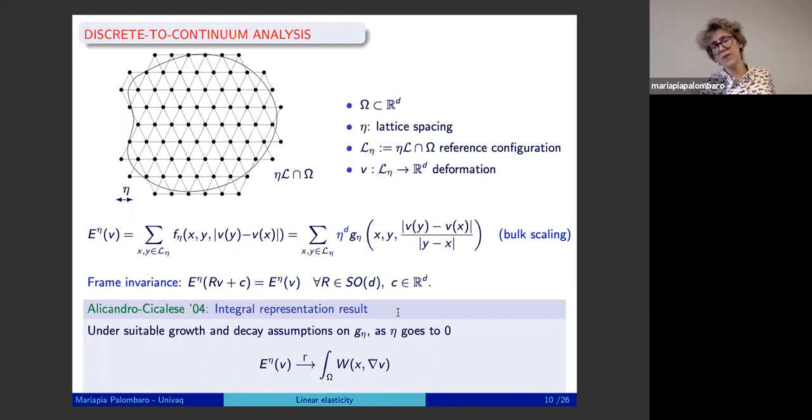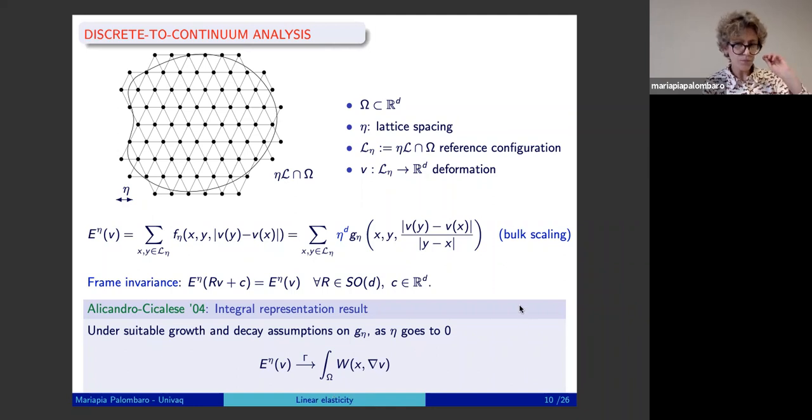So an integral functional with density W. So of course, in principle, we could first perform a discrete to continuum limit as they did. And then we could perform a linearization. So we first obtain an integral functional of this form, and then we could linearize this integral.